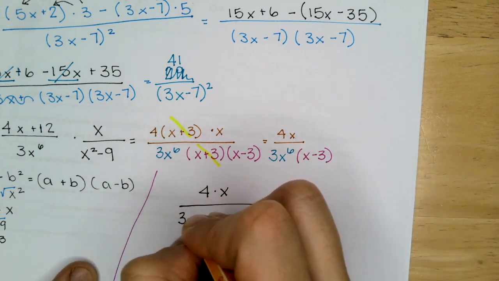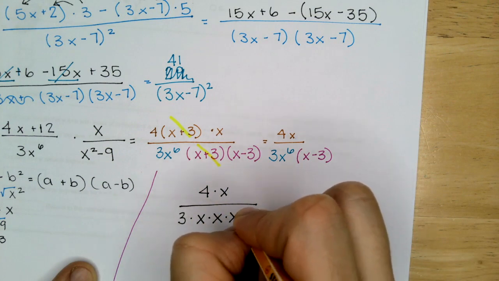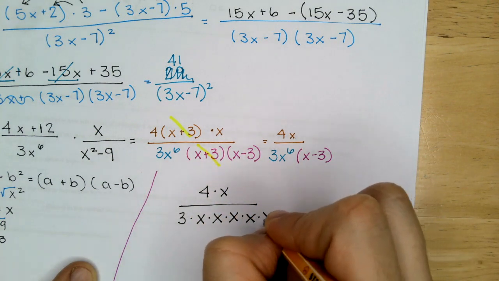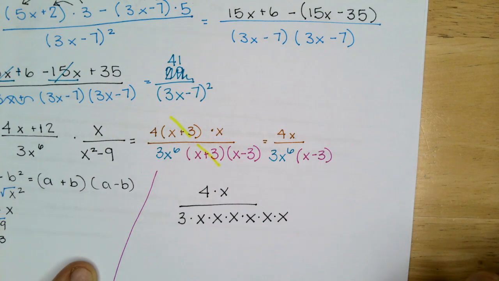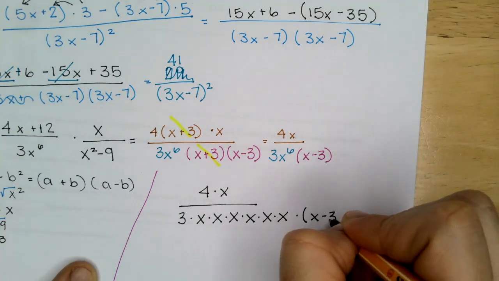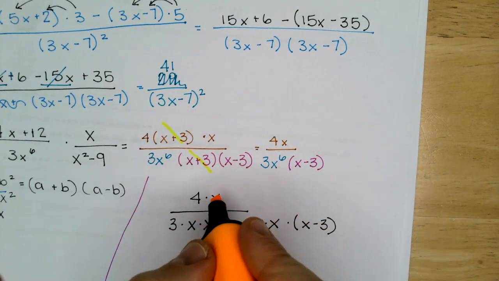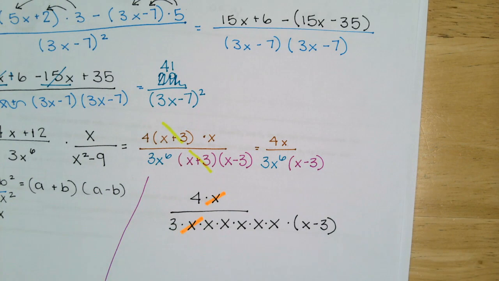It would be 3 times x, but there are 6 of them, times the quantity x minus 3. Okay? I see one more thing I can factor out. I can factor out 1x.